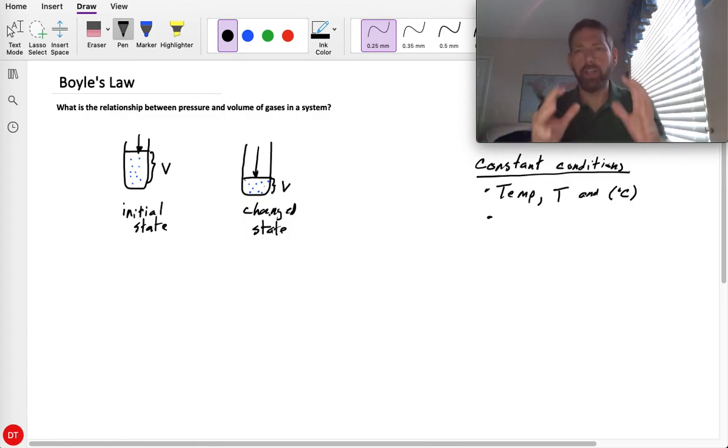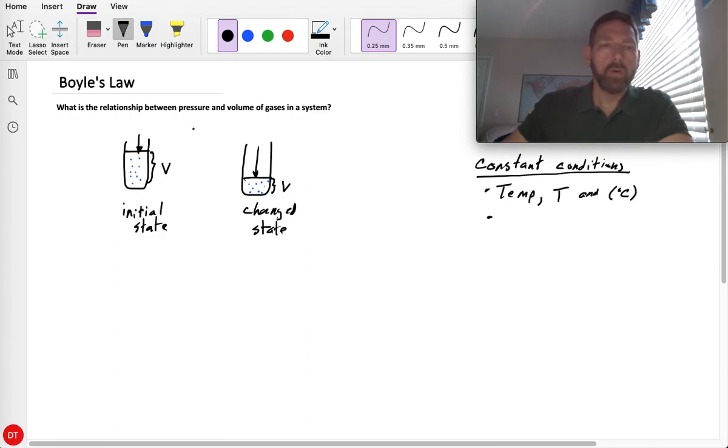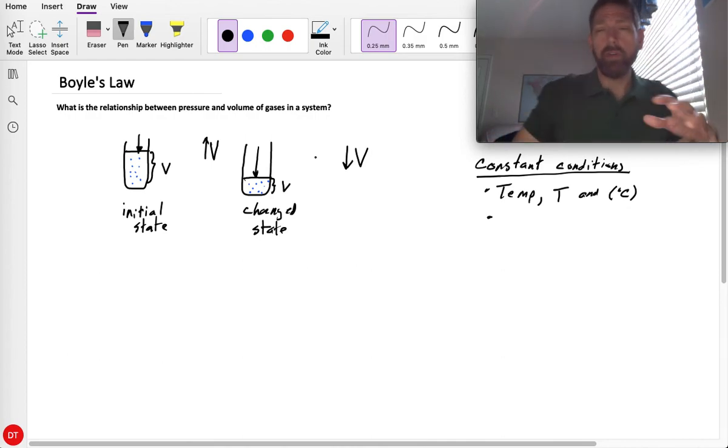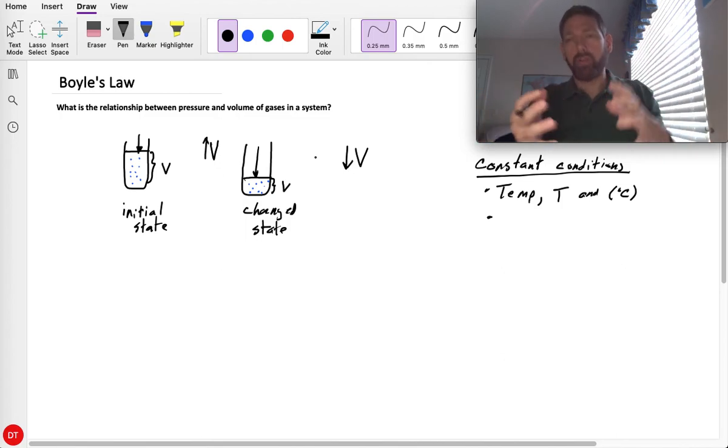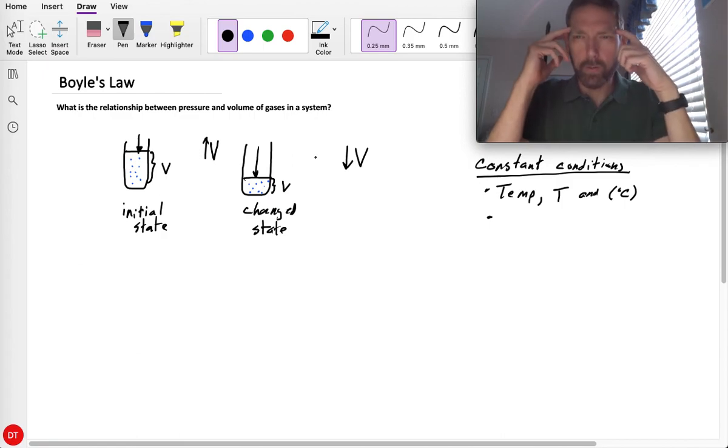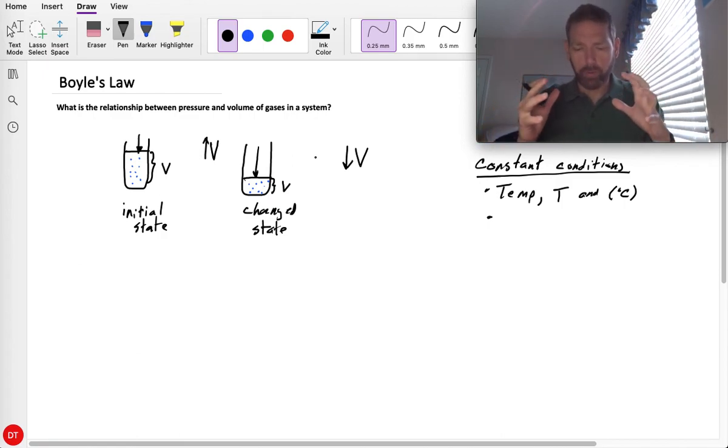State being the condition in which the gases are subjected, right? So if we look right here, compared to this, there's a greater volume here, and there's less volume here. We can visually see that, and you've done this all your life. You realize if you push on something and push it closer together, you may not be able to see those particles, but you realize that you've pushed all those particles closer together, and to do that required you to press.